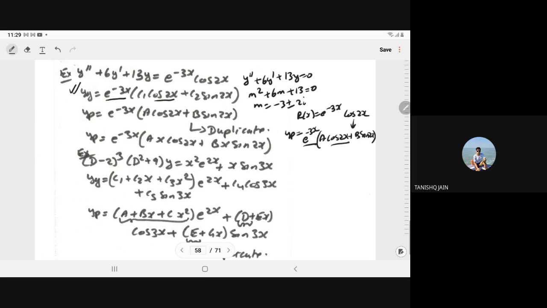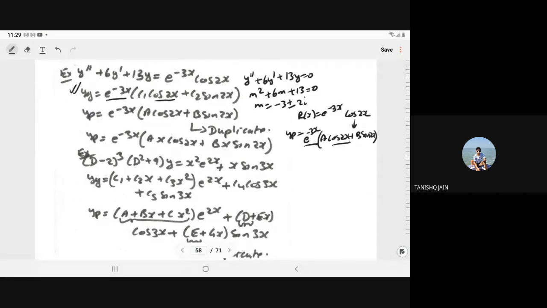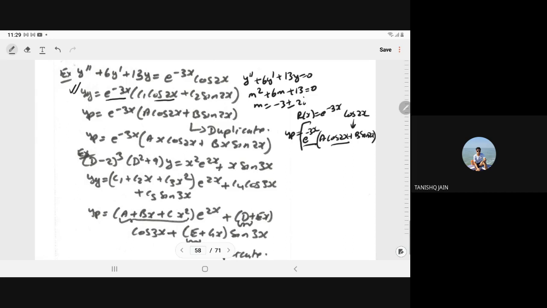If you take c1 as a and c2 as b, we have the duplicacy. So to avoid the duplicacy, we multiply with x to power s, where s is equal to 1. So we take yp as e to power minus 3x (a x cos 2x plus b x sin 2x). Clear?